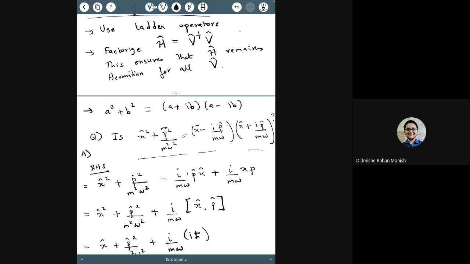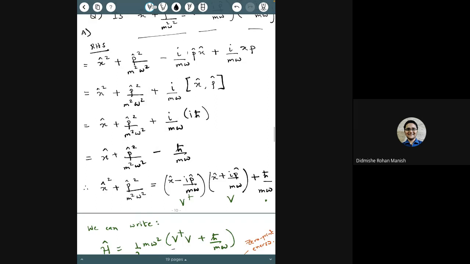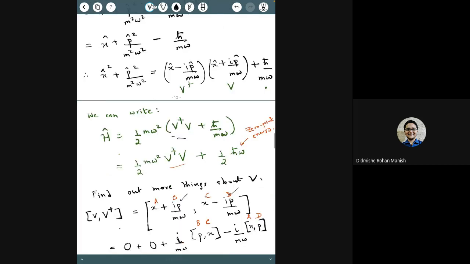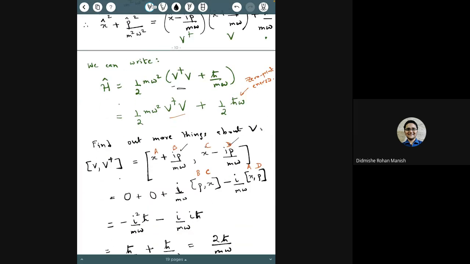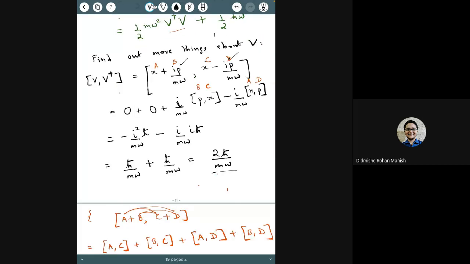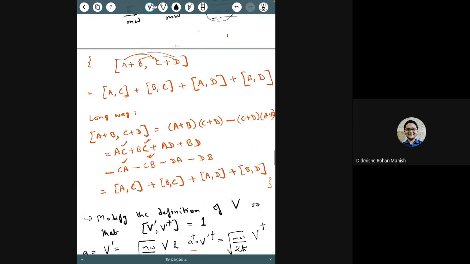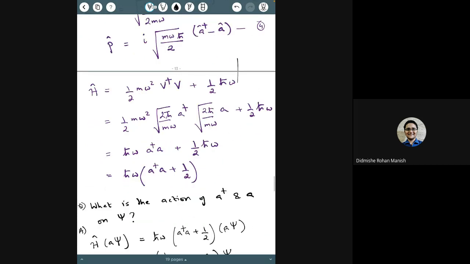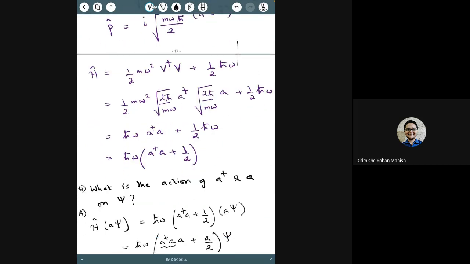Then we defined these operators as V dagger and V. To simplify our algebra in the future, we went over to A dagger and A, which was simply multiplying some constant with V so that the commutator of these two new operators became 1 rather than some non-zero value like here for the V's. And once we did that, we got a simple Hamiltonian which involved h cross omega A dagger A and a number.